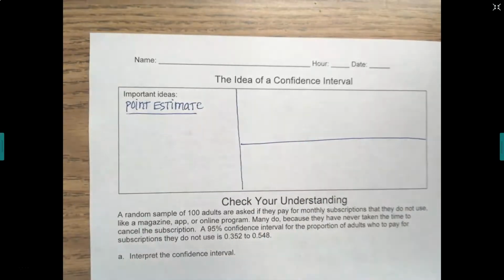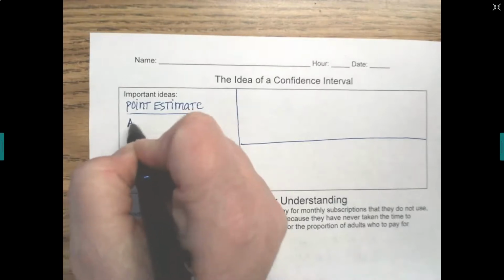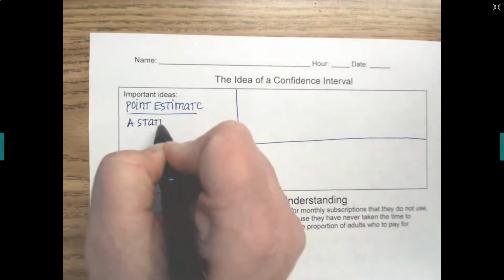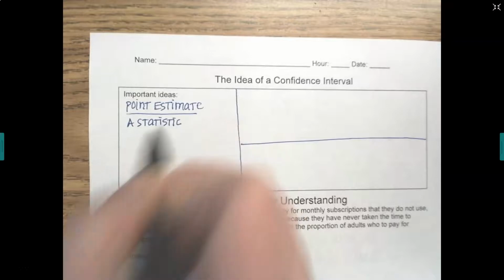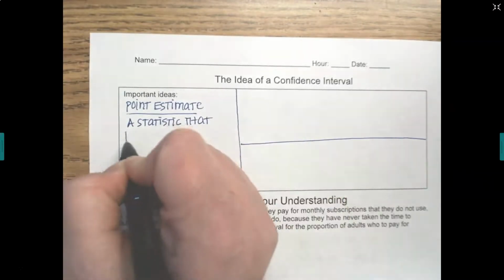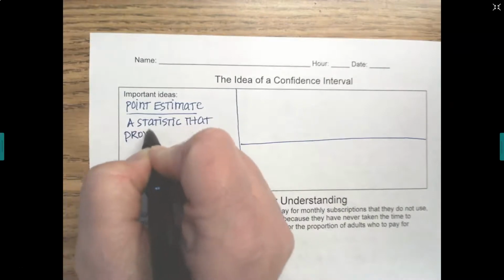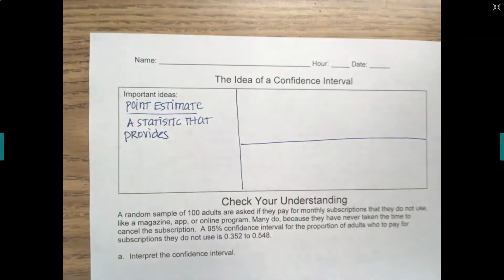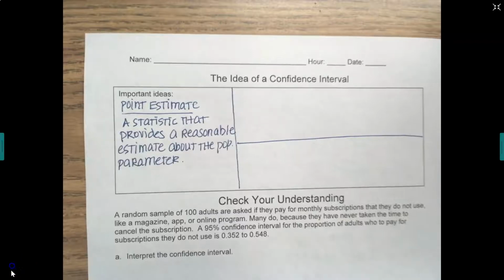A point estimate is a statistic that provides a reasonable estimate about the population parameter.